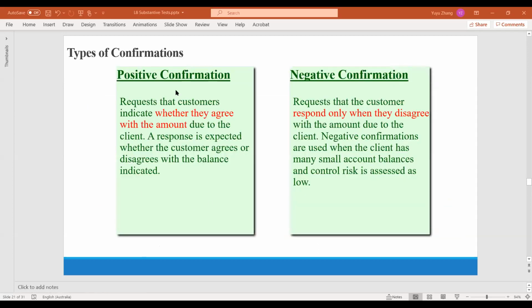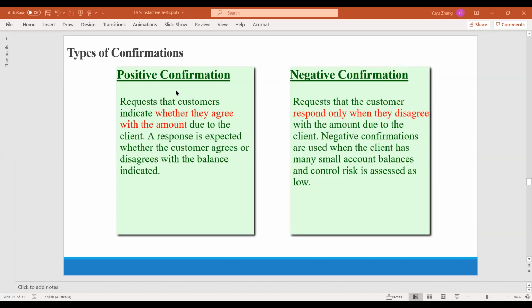In practice, there are positive confirmation documents and negative confirmation documents. Positive confirmations request customers to write down whether they agree with the amounts, and whether they agree or disagree, they need to send back their confirmation to you.